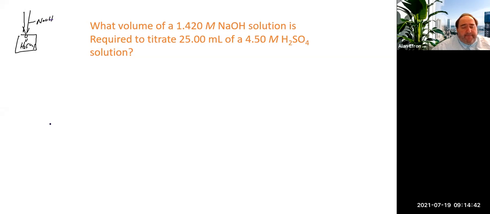So most of the time, it's usually dealing with acids and bases, but titrations don't always have to involve acids and bases in that sense. It is going to be basically a solution stoichiometry problem. So we really just want to follow the 4 steps and treat it like a basic stoichiometry problem.